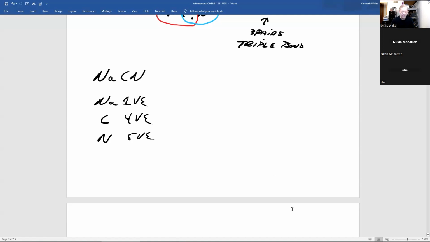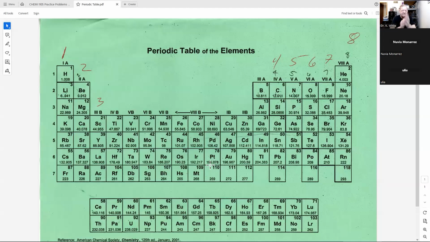Now, this is very important. Pay attention. Did I get your attention? Except for hydrogen, the alkali metals, which in this class are lithium, sodium, and potassium, the first column, and the alkaline earth metals, for this class magnesium and calcium, second column, always form ionic bonds, which means in a molecule, those will always be cations.